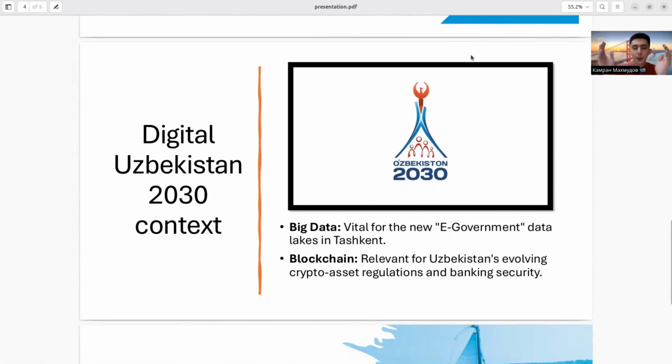Coming to why this book has an influence on us and how it impacts us. We are now living in the Digital Uzbekistan 2030 transformation. First, consider that governments are moving toward e-government. Actually, last week our president proposed that we are going to move to e-government.